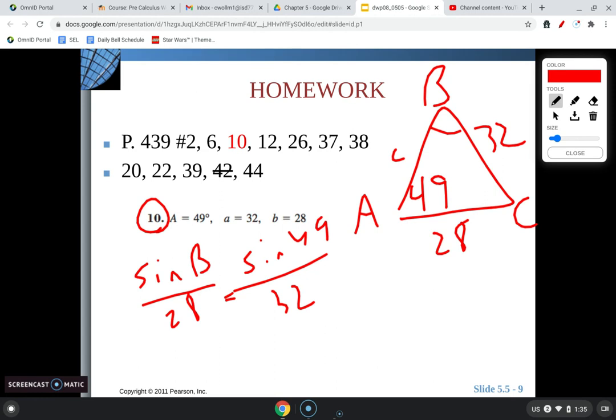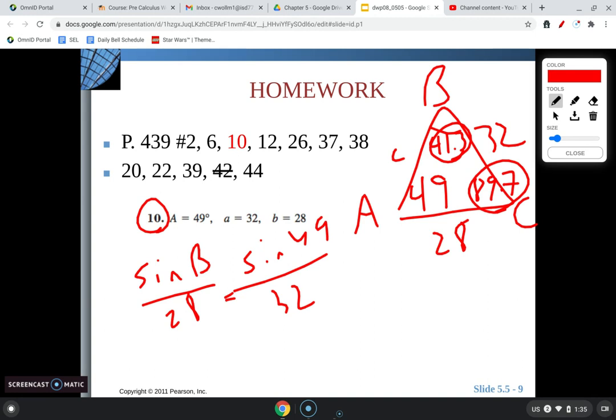So take the inverse sine of your answer, which gives me 41.3 for big B. Okay. Then to find C, I can just go 180 minus 49 minus 41.3, which gives me big C is 89.7. So there's big B, big C.